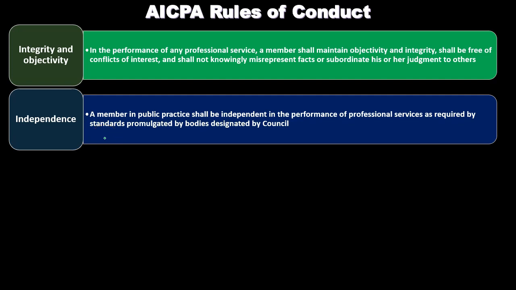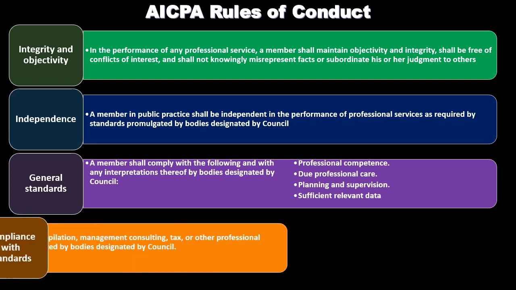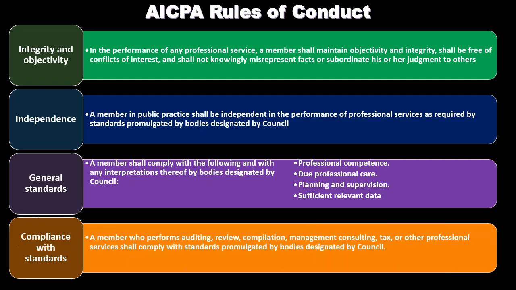So there are going to be more specific standards now that we're at the rules level here. And then we have the general standards. A member shall comply with the following and with any interpretations thereof by bodies designated by council: professional competence, due professional care, planning and supervision, sufficient relevant data. And then we have the compliance with standards.